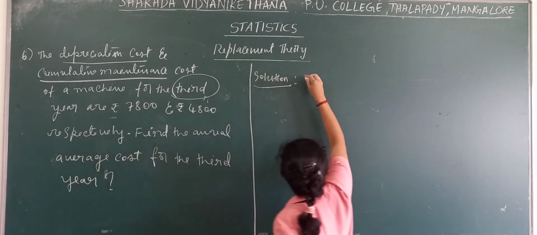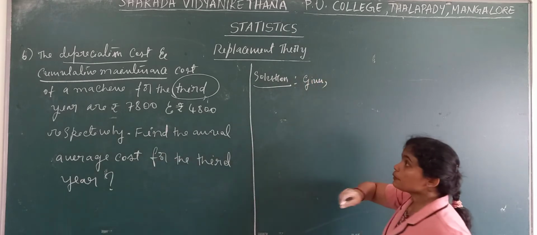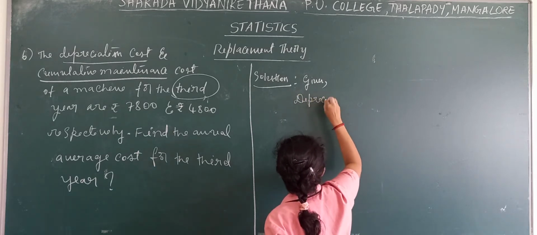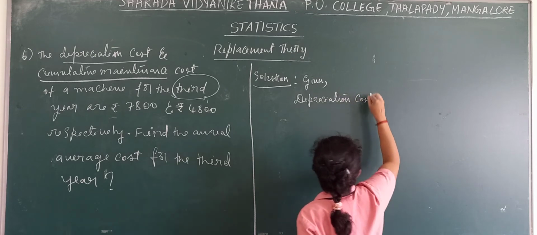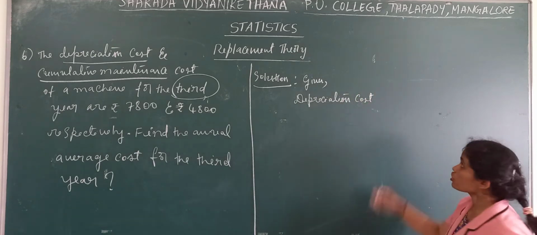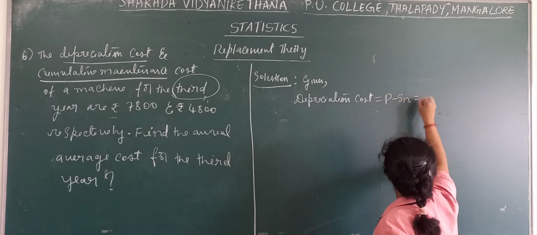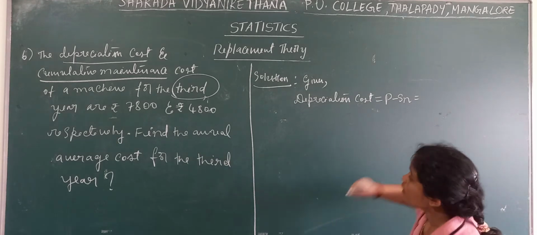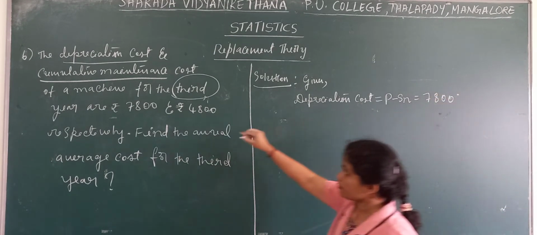Write the solution. What is given? The given is depreciation cost. How do we represent depreciation cost? It is nothing but P minus Sn. So P minus Sn is depreciation cost. That is given, so that is 7,800.